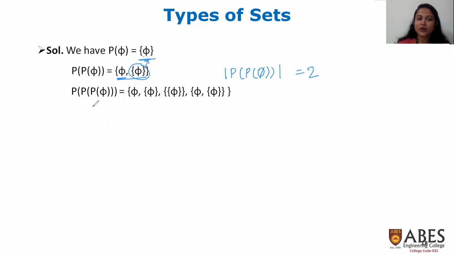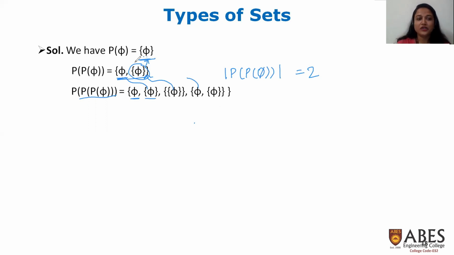So when we apply its power set, the cardinality should be 4. How many elements are there? 2 elements. So phi will be a subset of every set. This is an element phi, this one. And like this, the complete set will also be a subset.